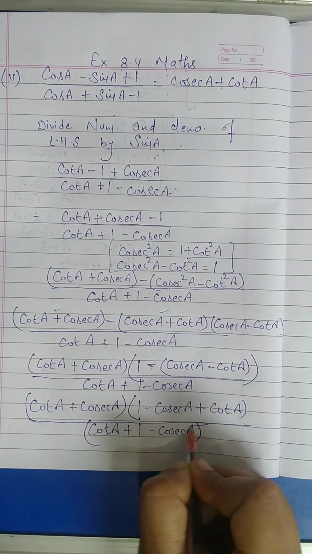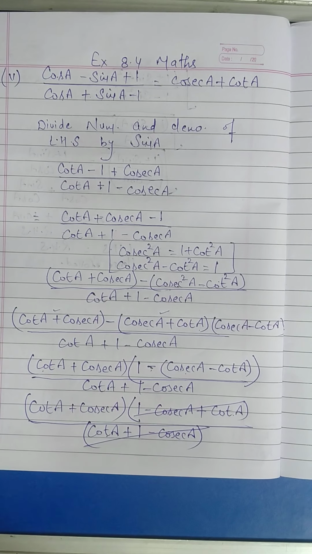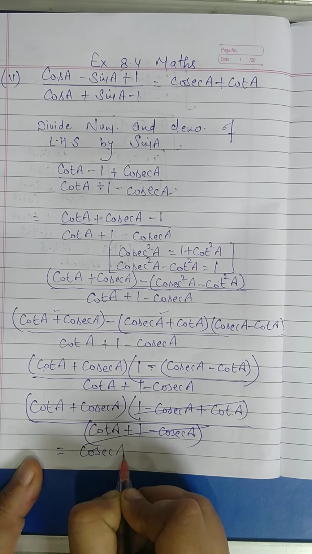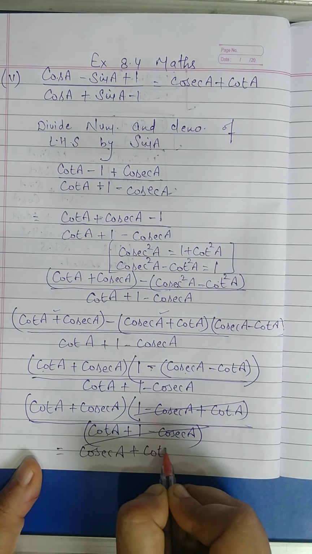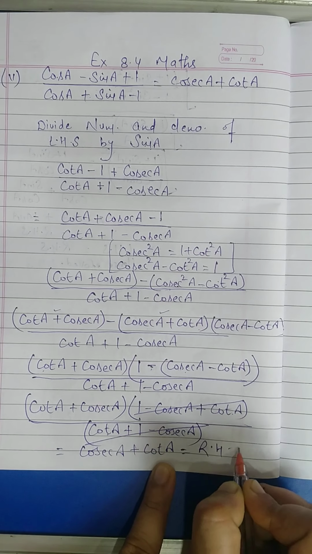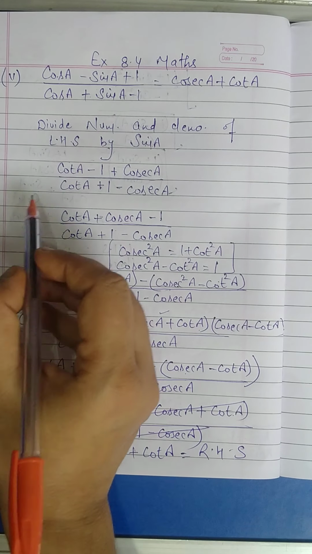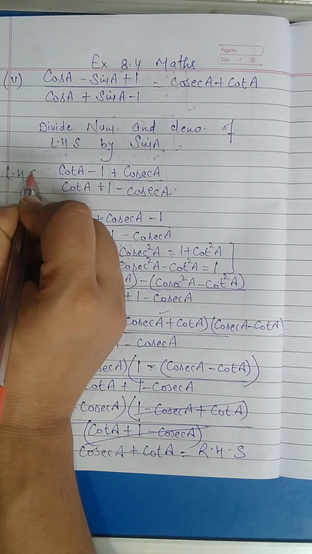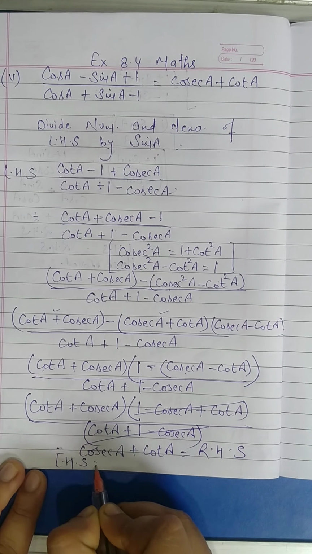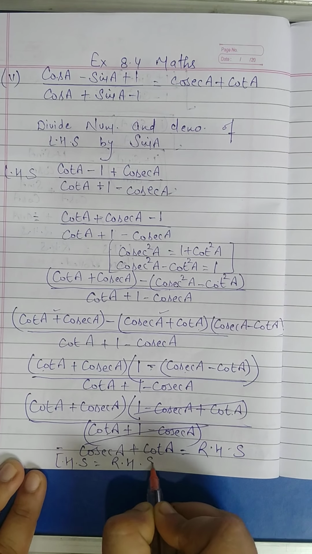This one factor is same, we can cancel. And what is left? Cosecant A plus cot A. The same is the right hand side. So this same we have to prove. We have started from left hand side and we have reached the right hand side. So we can say left hand side is equal to right hand side.